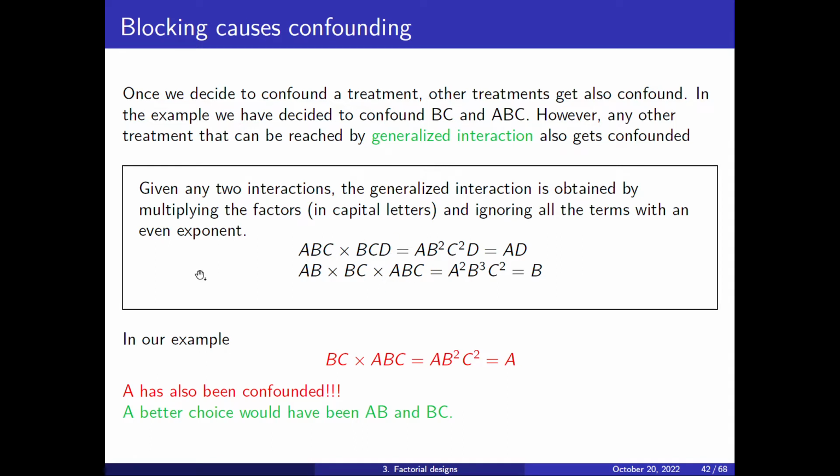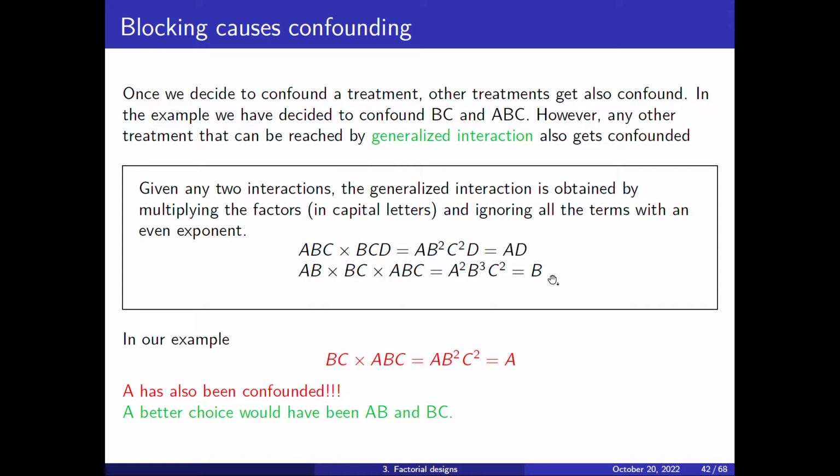You multiply the two, remember that all these variables are columns of +1 and -1. So you get A, B squared, C squared, D. B squared and C squared disappear because they are 1. So this product is AD. And in this one, A squared disappears, C squared disappears, and the B squared inside the B cube disappears also, so we have only B.